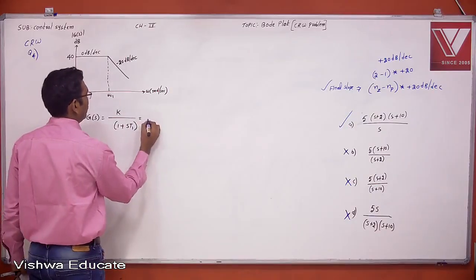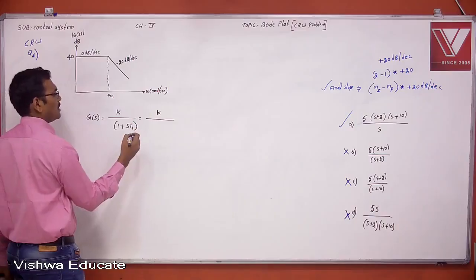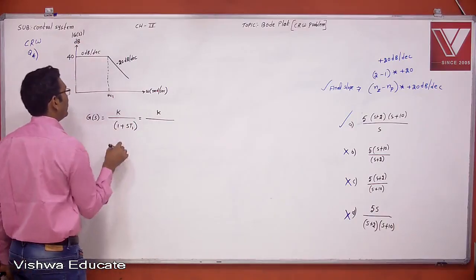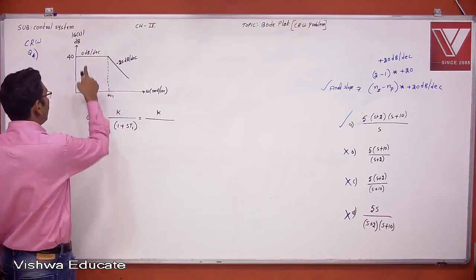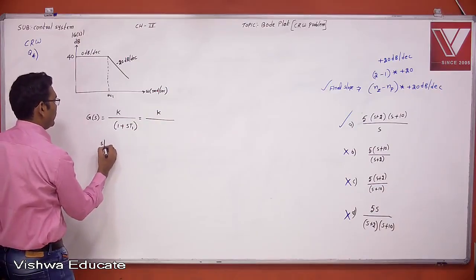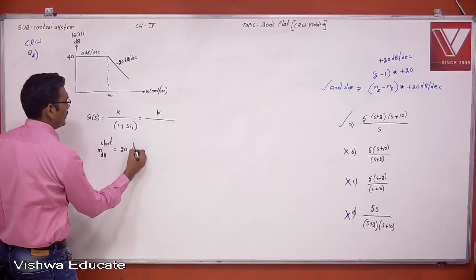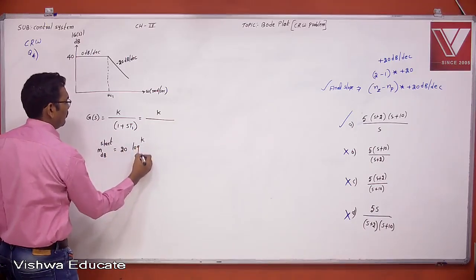Now this is K by 1 plus ST1, corner frequency is not given, sometimes not required. Now I want to find K, the system gain K. No pole at origin, no zero at origin. Therefore, the starting magnitude in terms of dB is equal to 20 log K base 10.